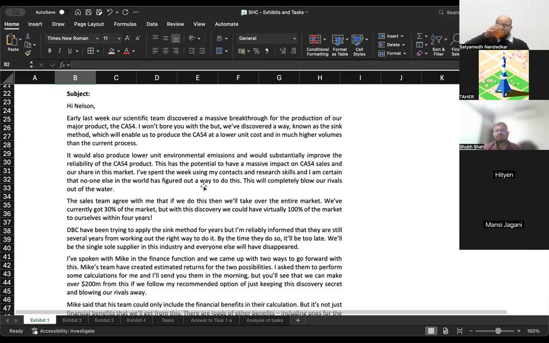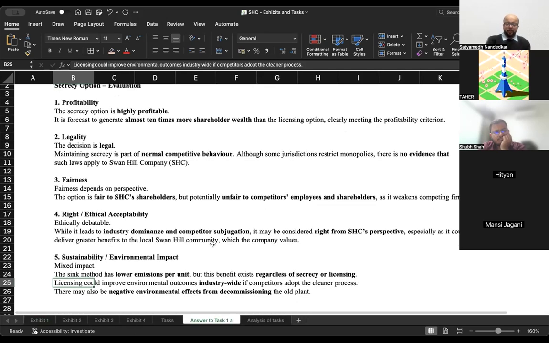When we are producing this, it would reduce the environmental emissions and improve the reliability, so we can be reliable for that product. Okay, the product can be trusted. Okay. Now let me show you the 5 points.